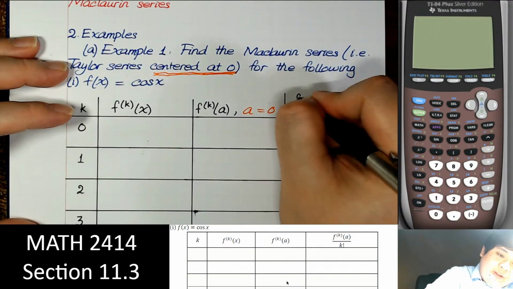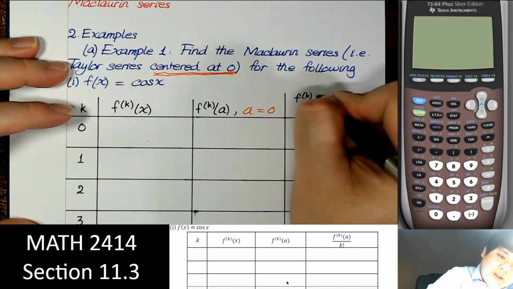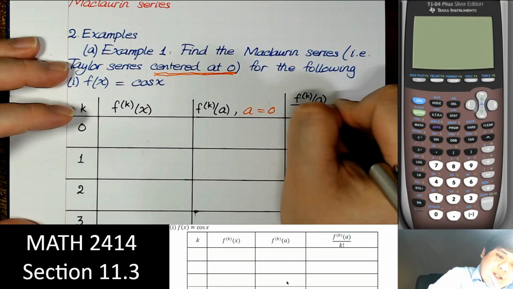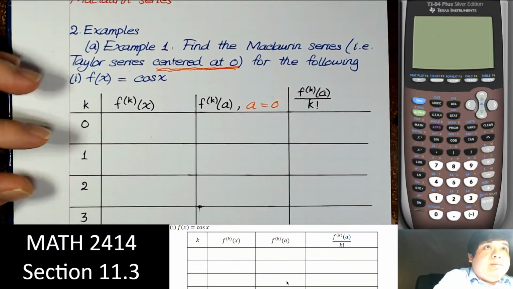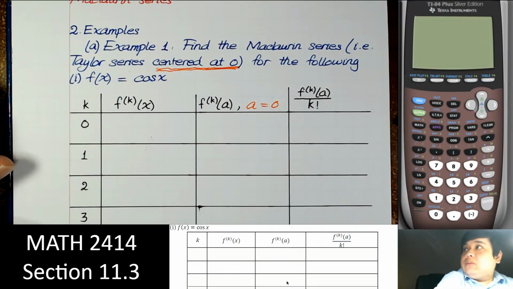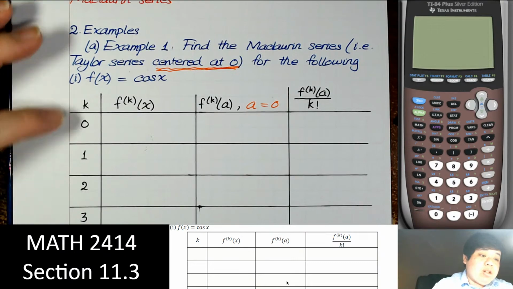And then we're going to have that over k factorial. That gives us the coefficient. Right, now just do it.